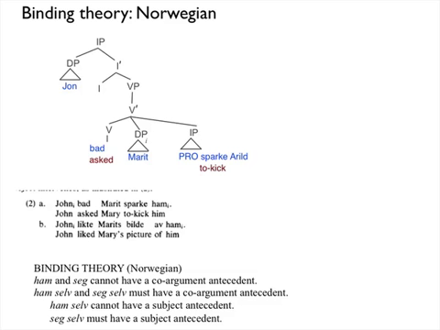So there's a bunch of parameters you have to take into account. If we're in an embedded clause and we're trying to take something higher up as our antecedent, then the simple story is we have to take into account whether we're an infinitival clause or not, as opposed to a tense clause. And these are things that you would find in lots of languages. So okay, now all of a sudden we know that Ham can show up here. This is fine. So John asked Mari to kick him.